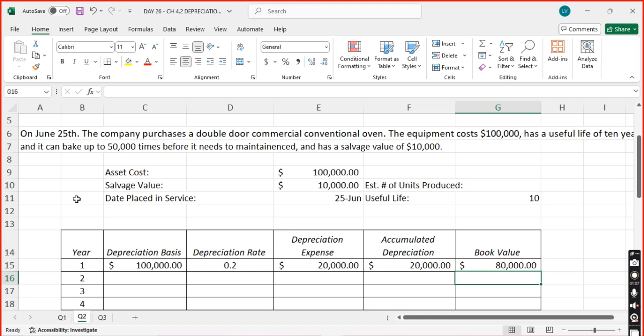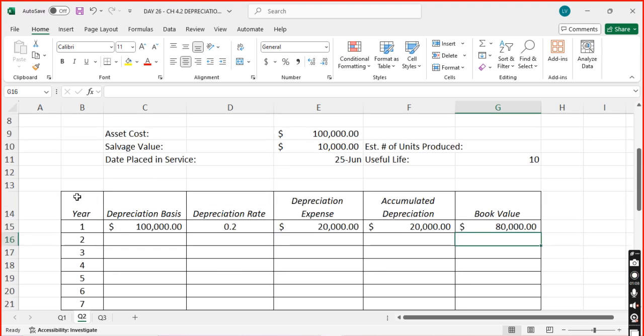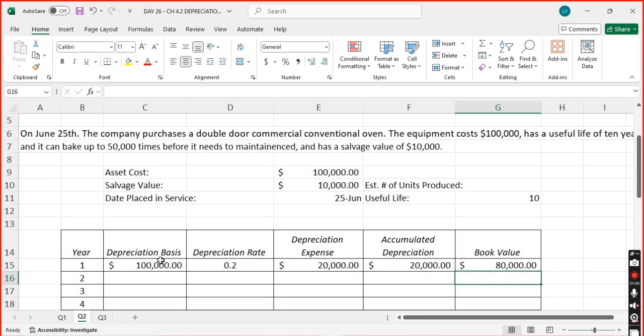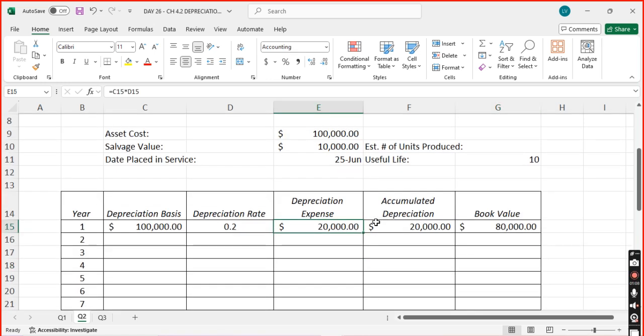So again, if I'm using it all the way to December 31st, how many months is that? We said 6 months, right? So therefore, how much of this 20,000 am I actually going to depreciate my asset for the first year? Half of it.